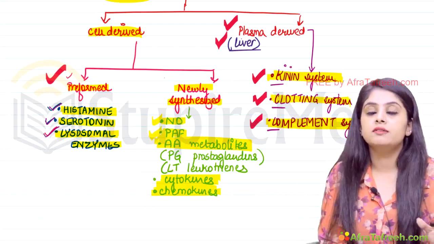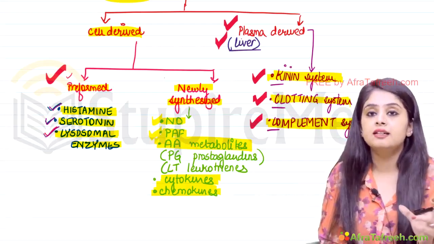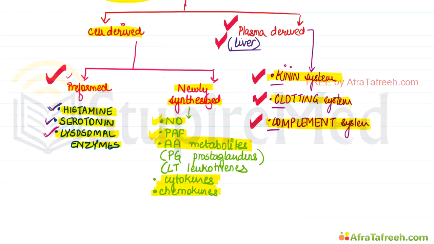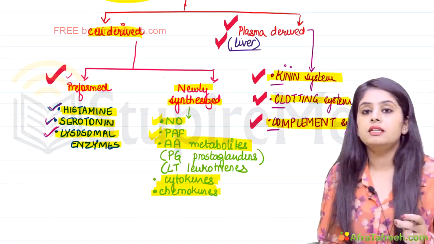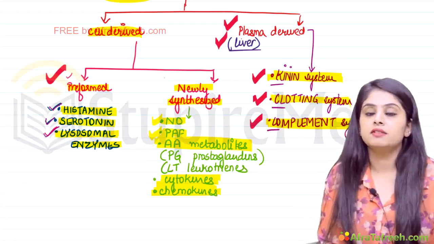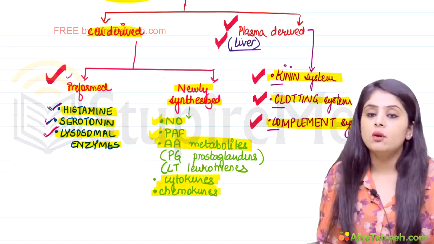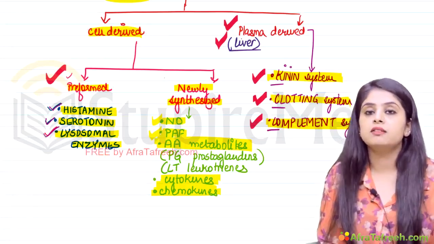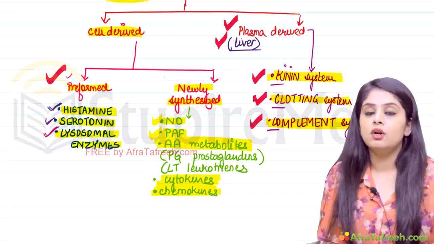The mnemonic that we have read for this is 10. And remember, there are two tests, PT and APTT. PT is for the extrinsic pathway, APTT is for the intrinsic pathway. And lastly, we have the complement system. There are three pathways, classical, alternate and mannose.